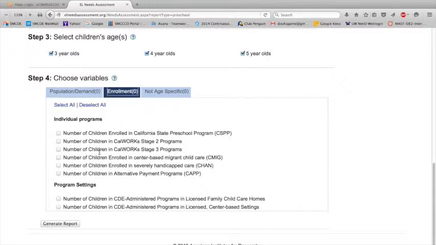You're going to want to click number of children enrolled in California State Preschool, number of children in CalWORKs Stage 2 and Stage 3, and migrant. If you have migrant, maybe you don't know, so you might as well click it, and Chan and CAP. So you're going to want all of those, and then you're going to click on Generate Report.